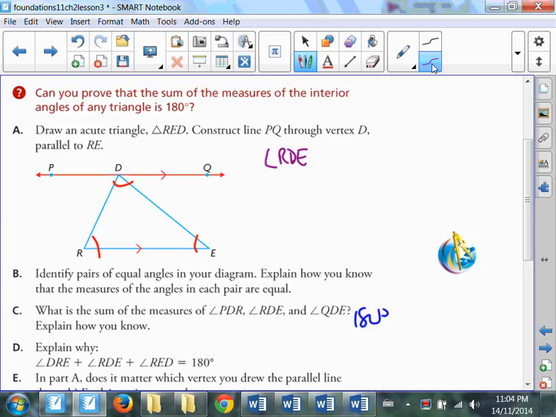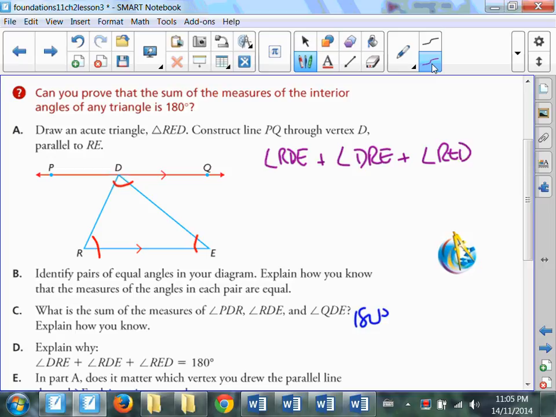RDE, or DRE, same difference. Actually, no, it's not. Never mind. DRE, or RDE, plus DRE, plus RED. Why is that equal to 180?